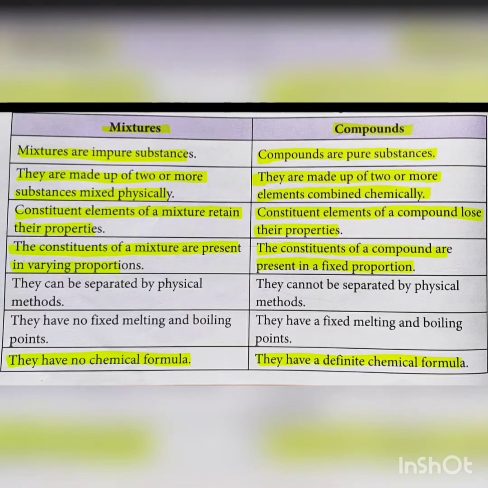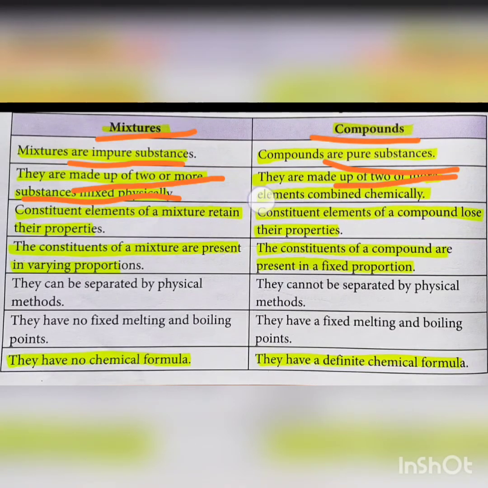The differences between mixtures and compounds. Mixtures are impure substances. Compounds are pure substances. Mixtures are made up of two or more substances mixed physically. Compounds are made up of two or more elements combined chemically.